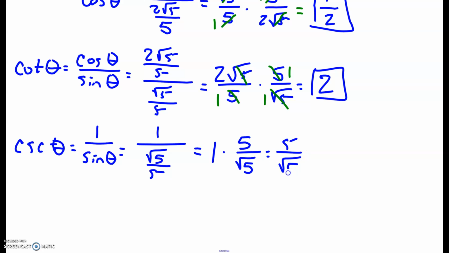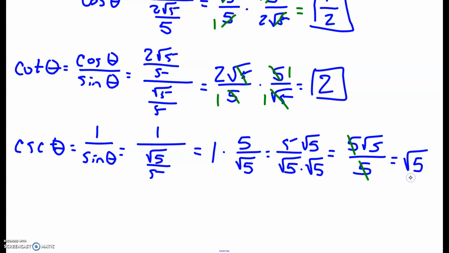And one of the things we want to avoid is having that square root in the denominator. So I can multiply the numerator and the denominator by the square root of 5, giving me 5 square root of 5 over square root of 25, but the square root of 25 is just 5. And here we can reduce. There's a common factor of 5 that cancels, leaving me with an answer of the square root of 5.